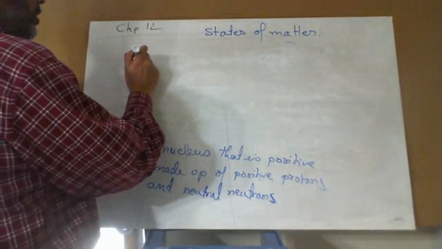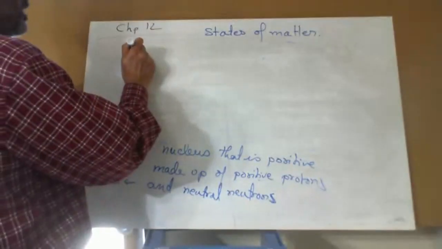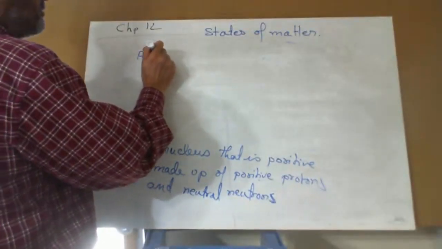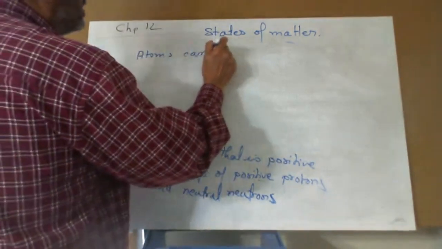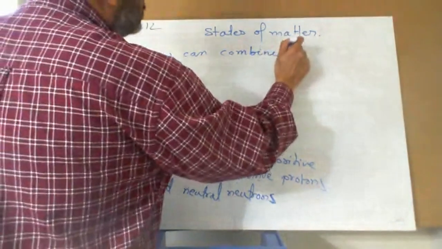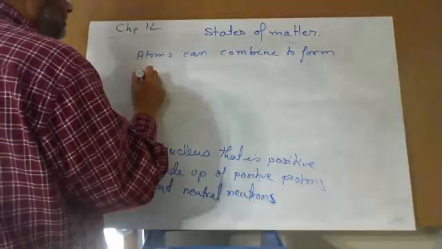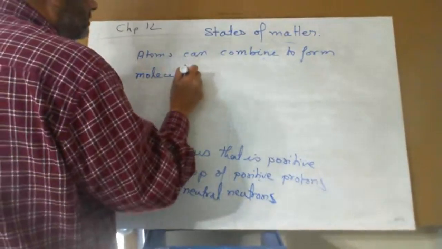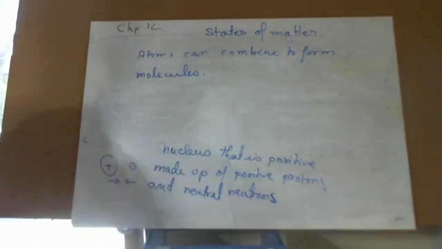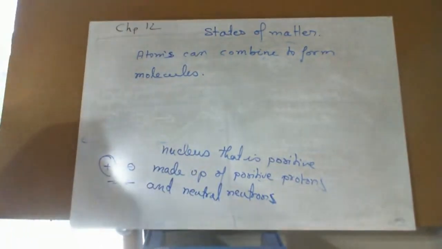So all matter is made up of atoms, and atoms can combine to form molecules. So atoms can combine to form molecules, right?